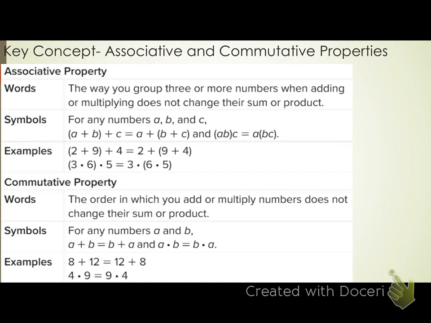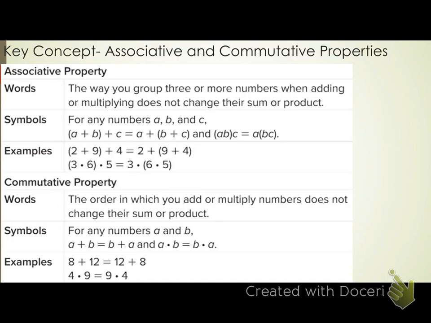Associative property, the way you group 3 or more numbers when adding or multiplying does not change their sum or product. So, for any numbers A, B, and C, if I have A plus B plus C, I can group A and B together, add those first, and then add C to it. Or I can group B and C together, add those first, and then add A to it.